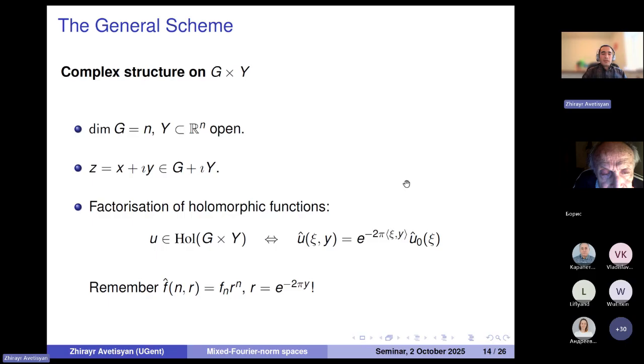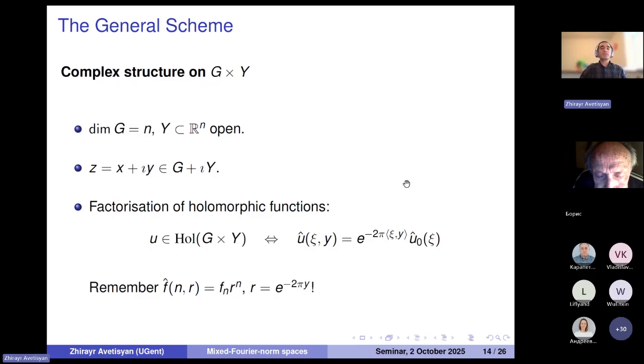Now, the first principal result of this work is the following fact, this displayed formula. Remember that on the unit disk, we saw that the analyticity of the function f was reflected in a certain factorization of its angular Fourier transform, and the R dependence was fixed. Here we have a generalization of that.